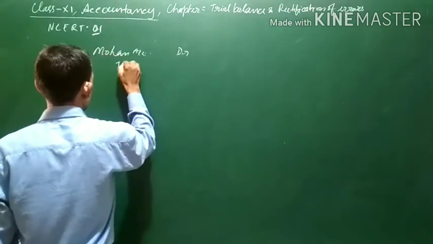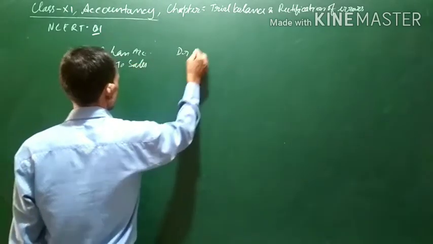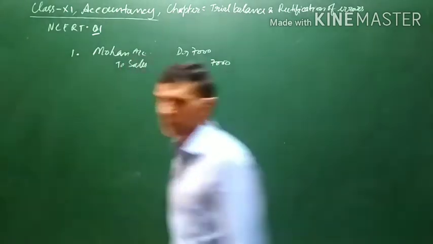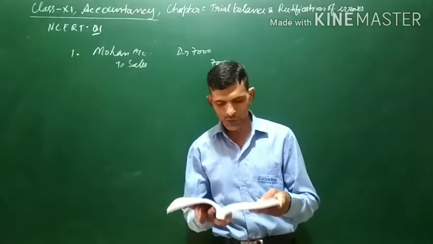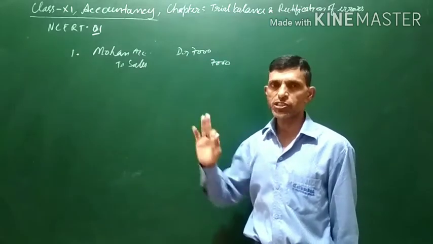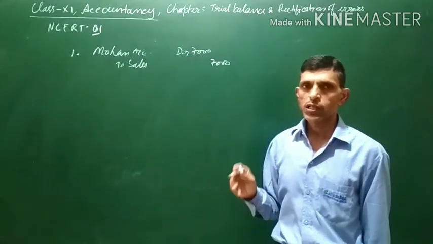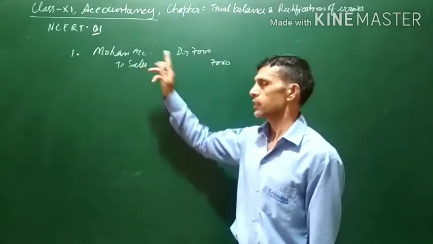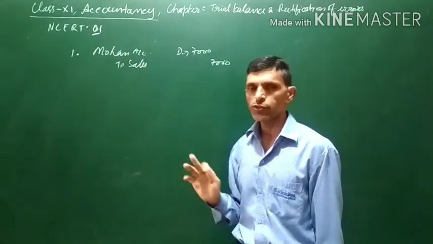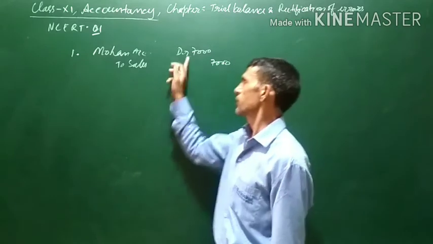Mohan account debit to sales. Now, credit sales to Mohan were not recorded. Since this is the general entry, if something has been sold to Mohan, then the general entry will be Mohan account debit to sales account for 7,000.